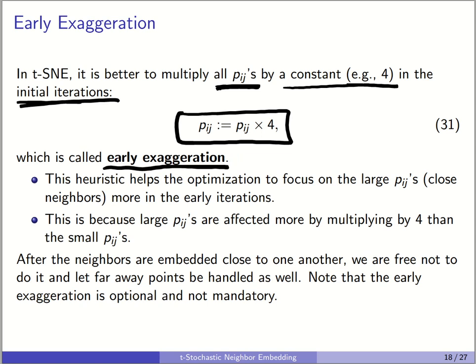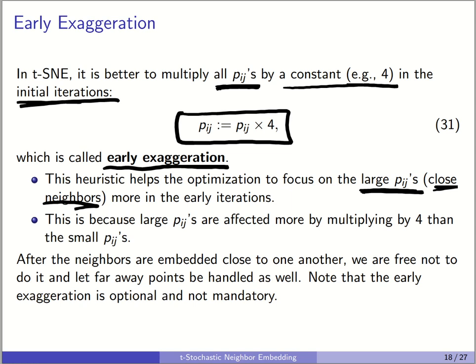This heuristic helps the optimization to focus on large Pij's, so the close points, neighbors. When the points are close to each other, their Pij is huge. Am I right? And if you multiply all Pij's by 4, the larger Pij's are exaggerated more than the small Pij's because of the characteristic of multiplication.